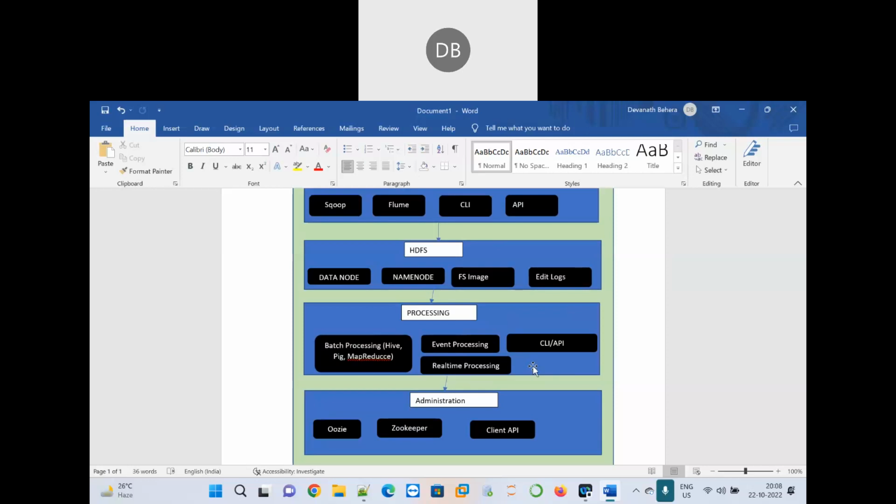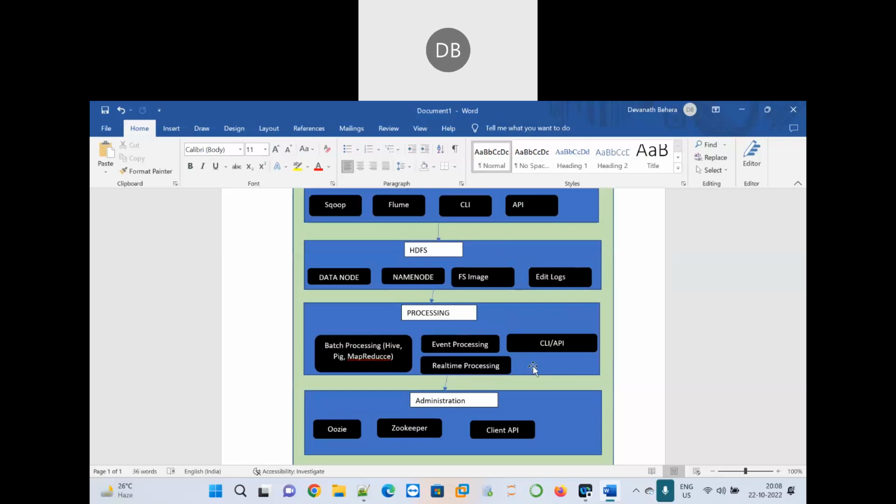In any banking environment, whatever transactions happened throughout the day, there are some EOD batches which run on each account to update it. That is called batch processing.